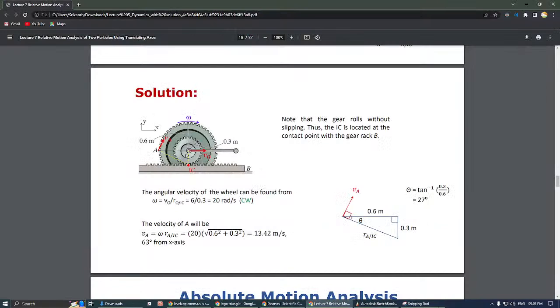Again, what is given? Omega is taken as 20.